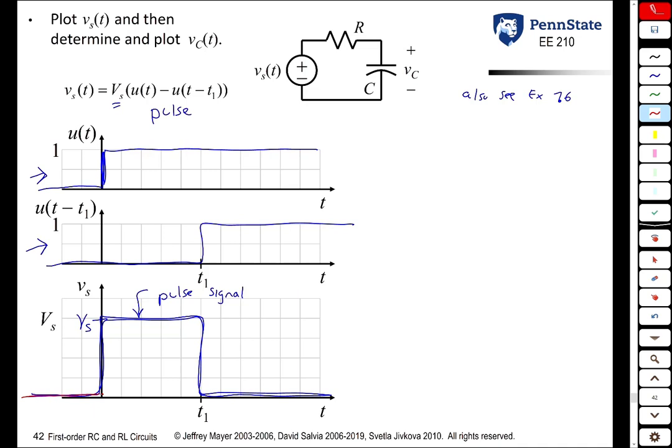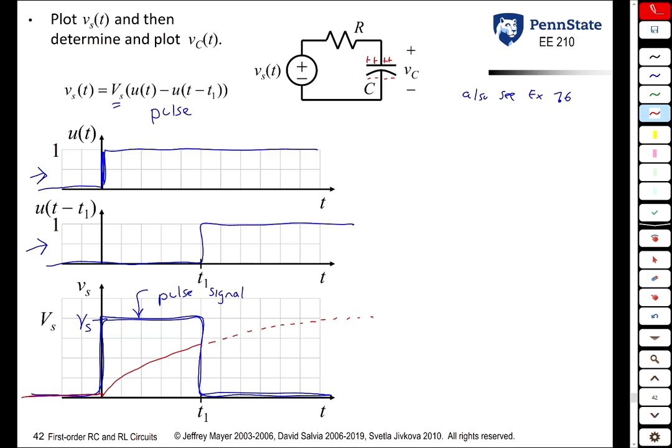At time 0, when the pulse turns on, the capacitor is going to start charging. We'll start getting charges deposited on the plates of the capacitor. But it doesn't catch up to Vs of t immediately. It's going to exponentially get up there. And we don't know how long it's going to take. Depends upon the time constant, but eventually it would get up to Vs of t.